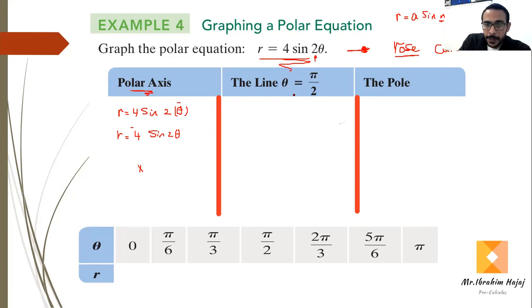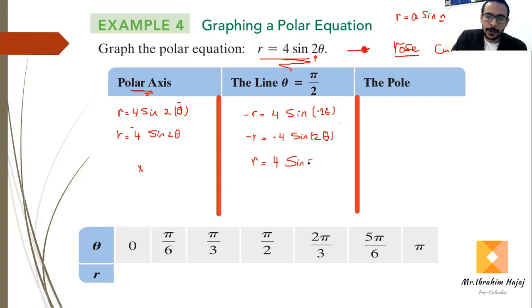About the line theta equals pi over 2, we replace r by negative r and theta by negative theta. So negative r equals 4 sine of negative 2 theta, which gives negative r equals negative 4 sine 2 theta. Dividing by negative 1 gives r equals 4 sine 2 theta.